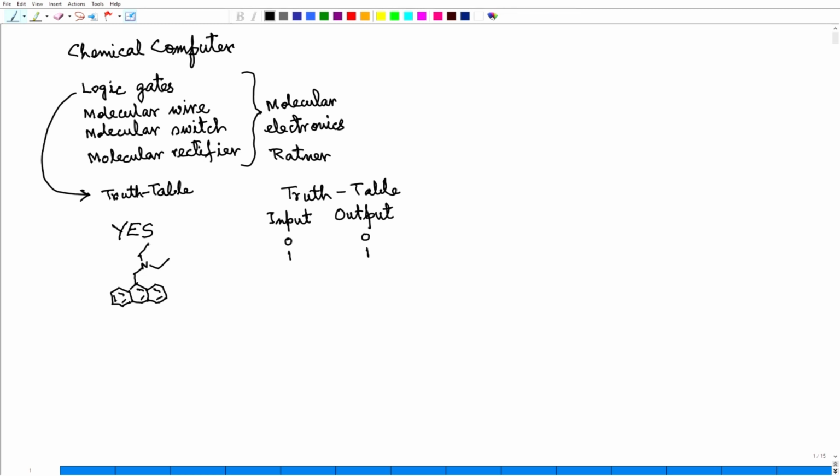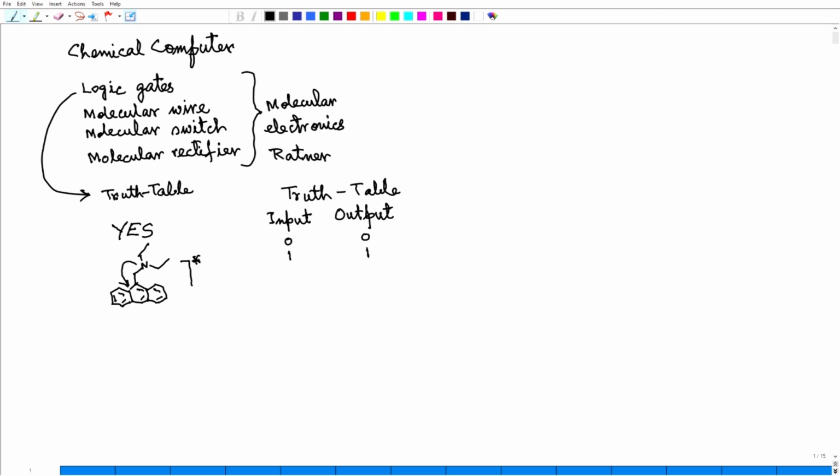Now, when I excite this molecule, because of PET, what happens? No fluorescence, PET is on.